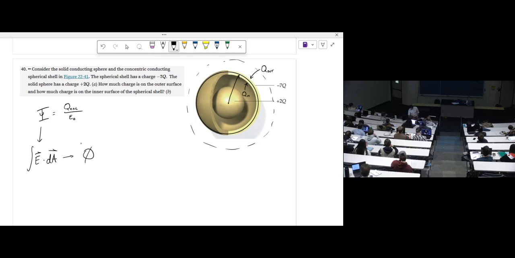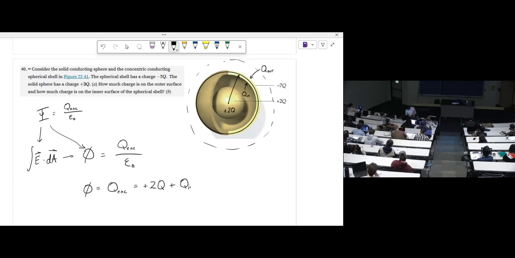So, the net flux is equal to Q enclosed over epsilon naught. Or, I have that 0 is equal to the net charge enclosed by where the charge can exist. And I've got plus 2Q here, so that's plus 2Q plus Q on the inner wall is equal to 0.